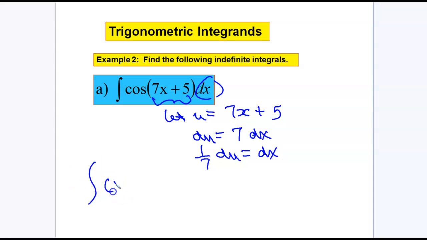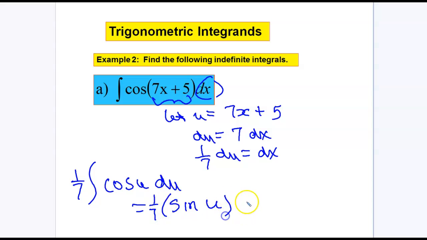So this is going to be the integral of cos u, 1/7 du when I do my integration. And the integration of cos is sine u. I still have the 1/7 out front, plus the constant. So this is going to be 1/7 sine u, and I'll just plug back in right away the 7x plus 5, of course, plus a constant.